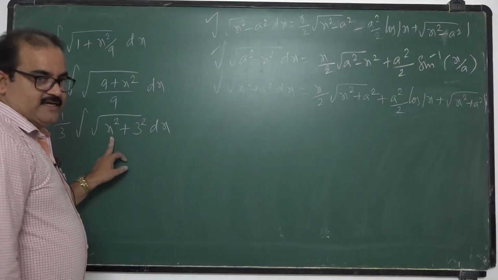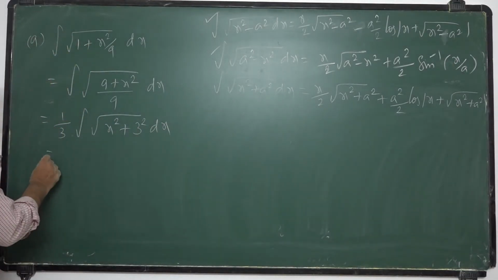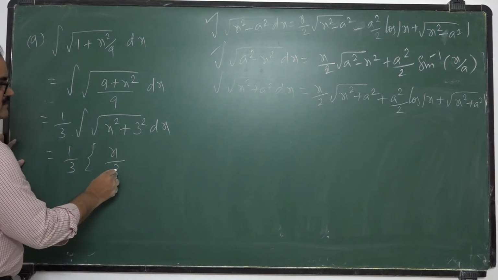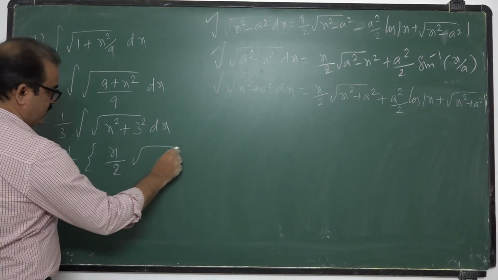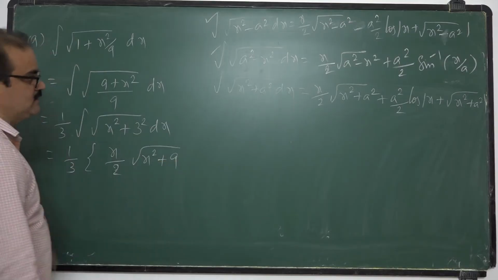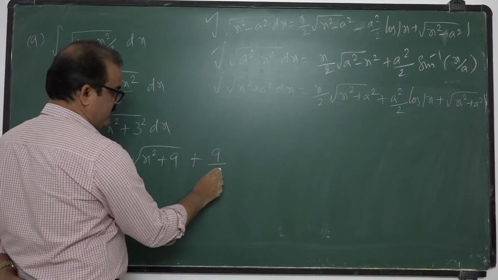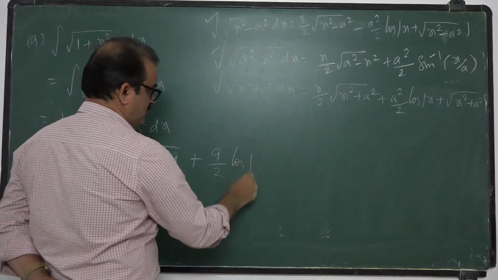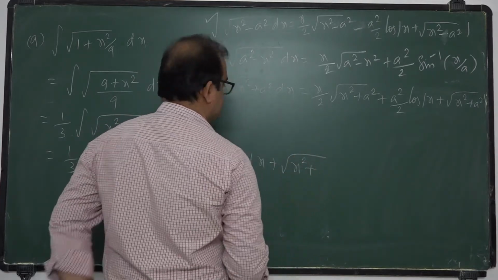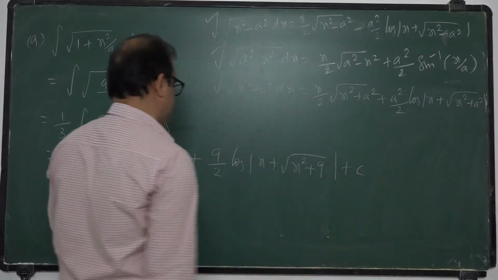In place of x there is x, in place of a there is 3. 1/3 into x/2 into root of x square plus 3 square 9, plus 3 square 9/2 into log mod x plus root of x square plus a square. A square is 3 square, 9.